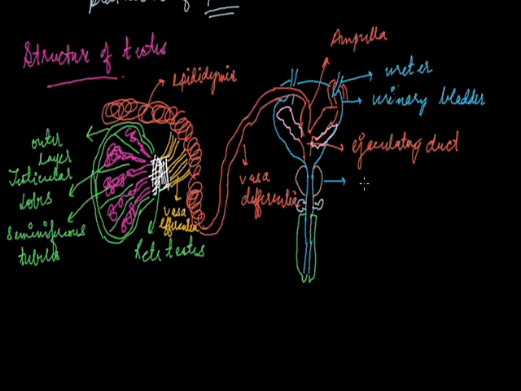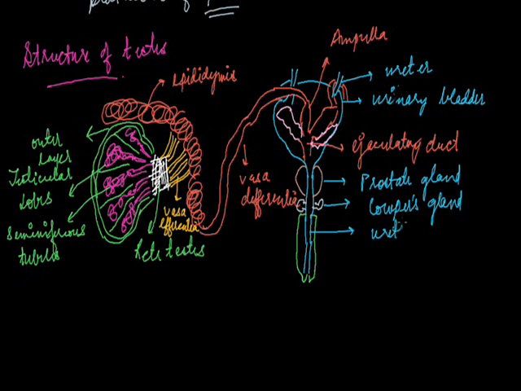This is the prostate gland. This is the corpus gland, or you can say bulbourethral gland. This tube is the urethra, and this is the copulatory organ, the male external genitalia, the penis.